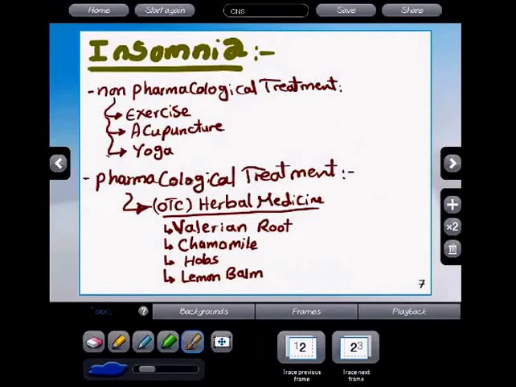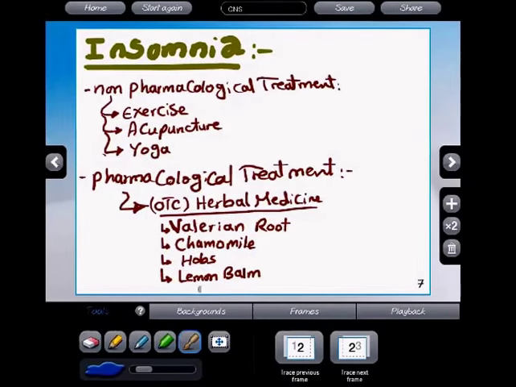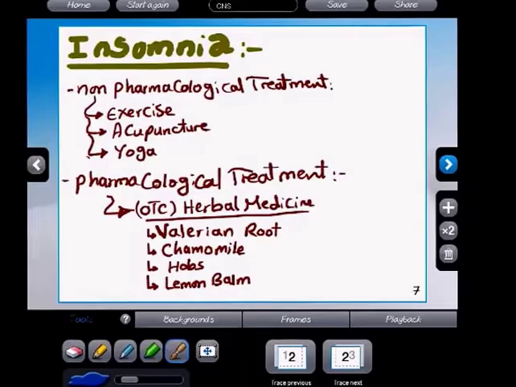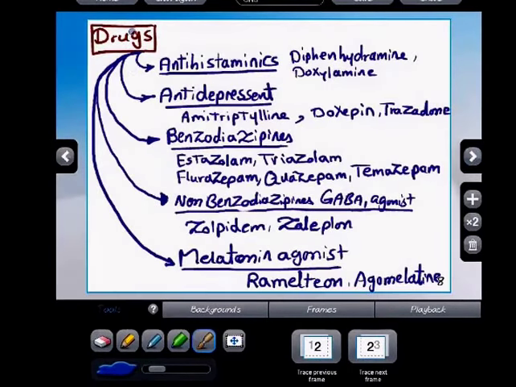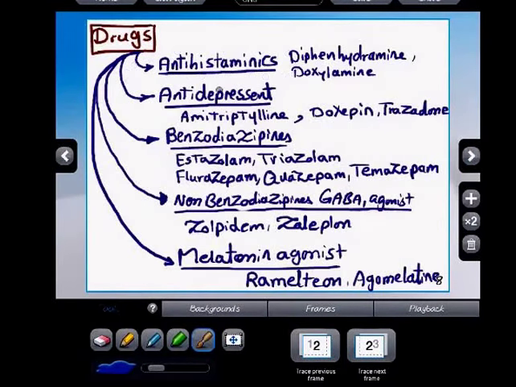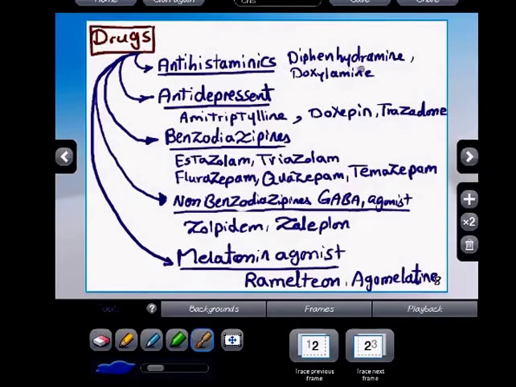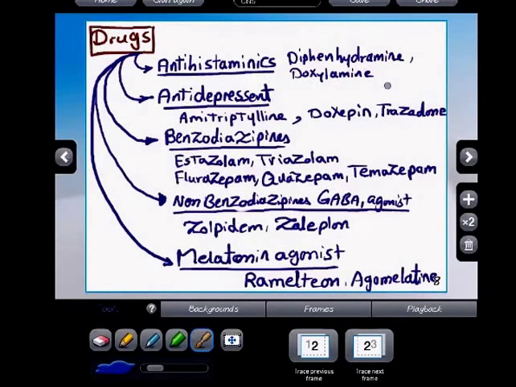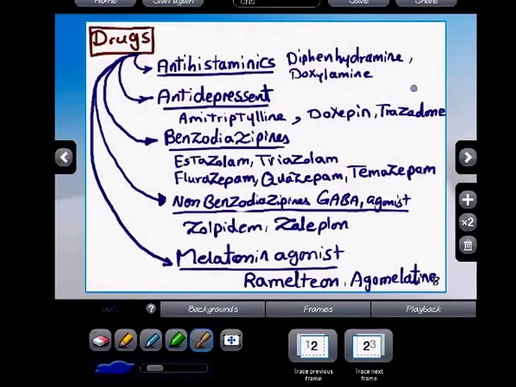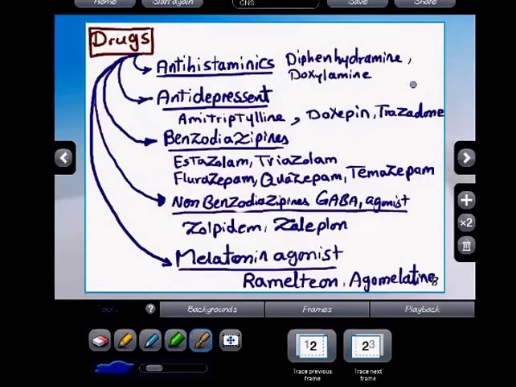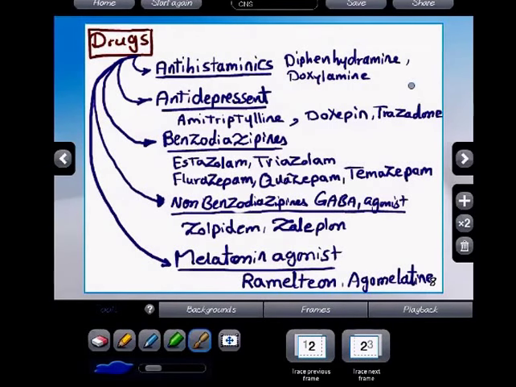But about pharmacological treatment, there are OTC herbal medicines like valerian root, chamomile, hops, lemon balm. And about drugs, we give antihistaminics like diphenhydramine, doxylamine, which we explained before. If you remember, we said that first generation antihistaminics have a sedation side effect.